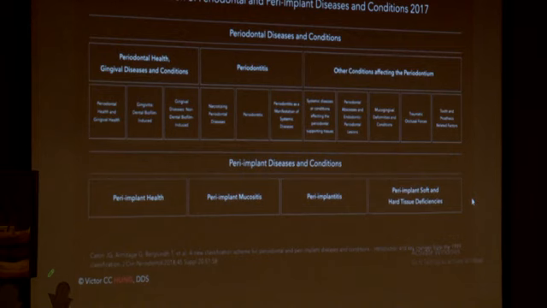Back to the 2017 classification of periodontal and peri-implant diseases and conditions, the workshop presented a new classification, one for periodontitis and one for peri-implant diseases. For peri-implant disease, we now have 4 sections. Section 1 is peri-implant health. Section 2 is peri-implant mucositis, then peri-implantitis, and the defects of the soft and hard tissue.